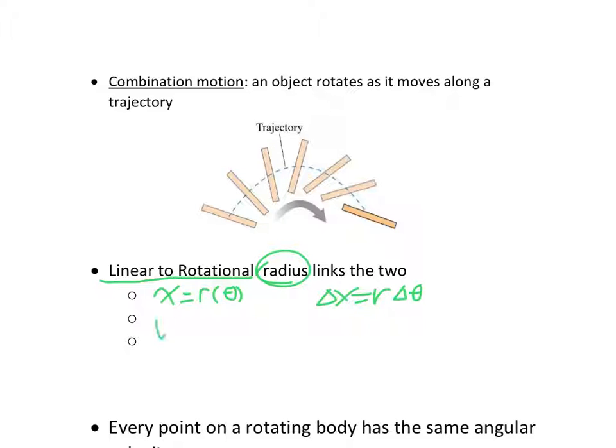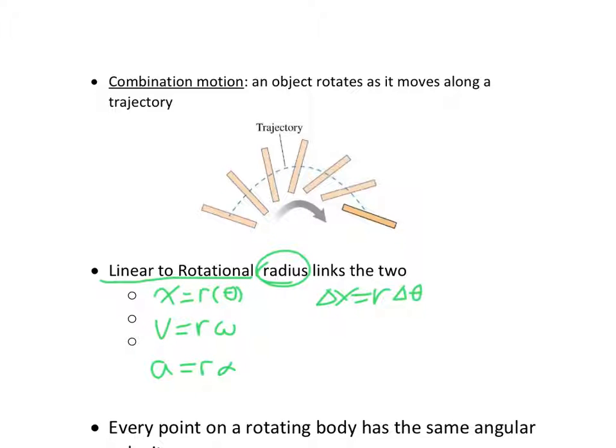To go from velocity, you're going to take the radius times the angular velocity, and linear acceleration is equal to the radius times angular acceleration.